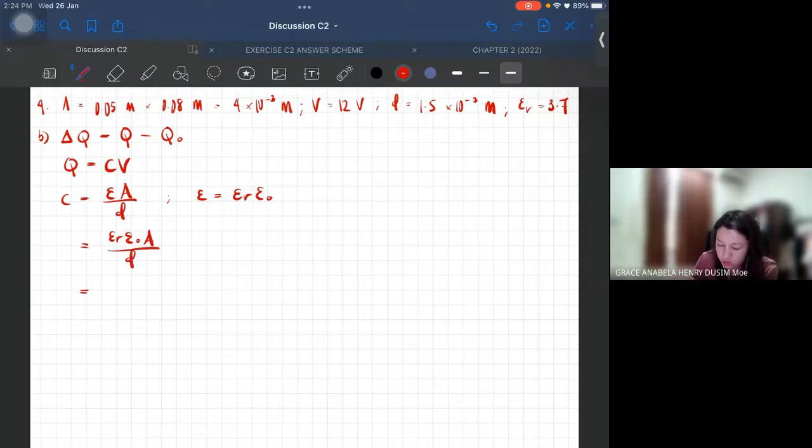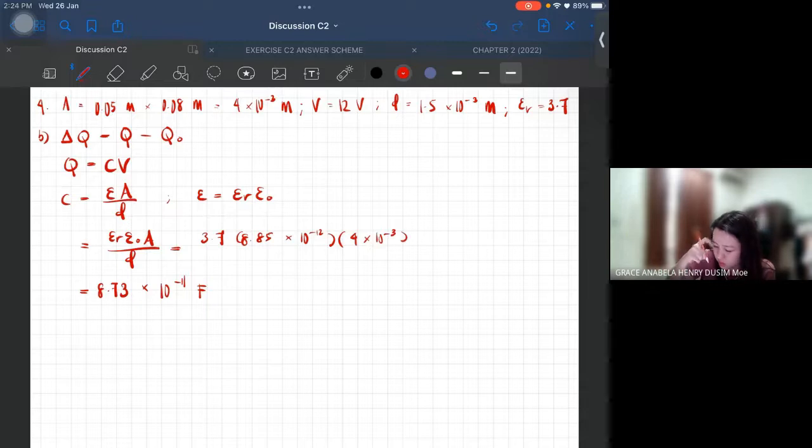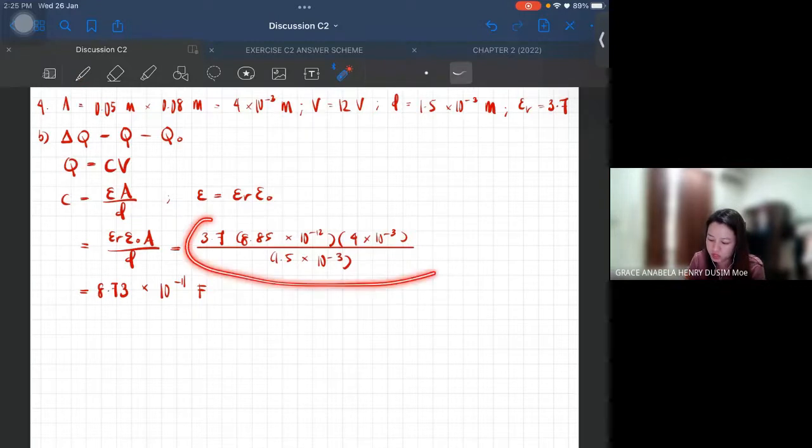After that, substitute all the values and you should get 8.73 times 10 negative 11 farad. Is that right? This is 3.7, 8.85 times 10 negative 12, area is 4 milli, and the separation is 1.5 times 10 negative 3. So try to calculate this using your calculator and see if you have the same value.